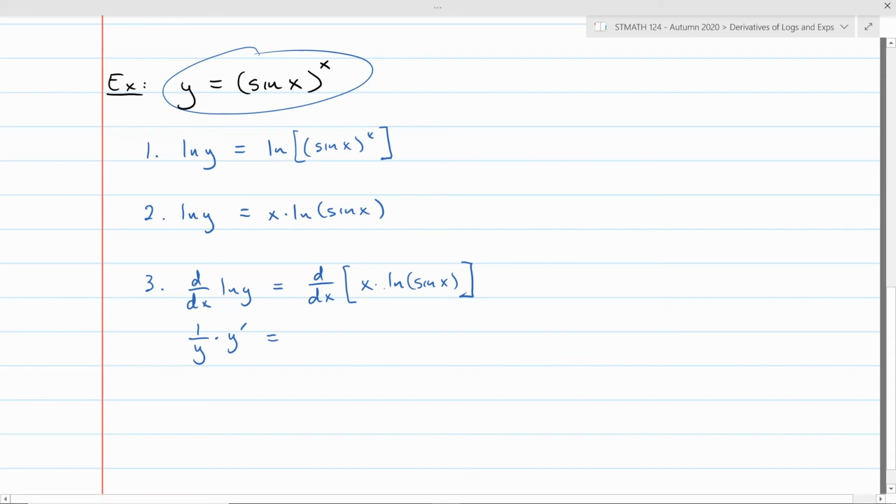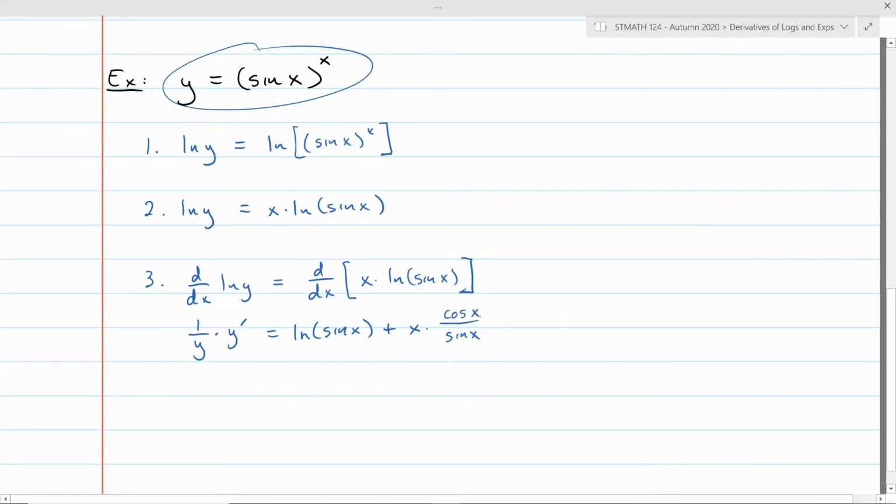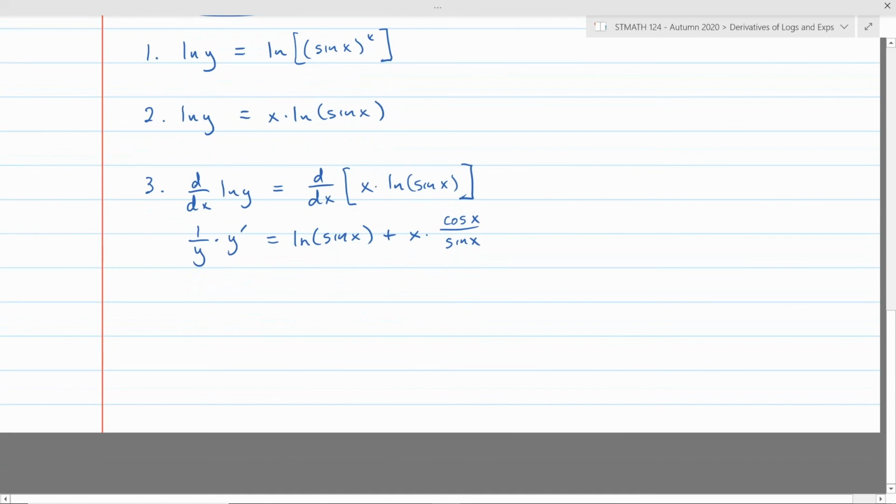I would use the product rule and write that as the derivative of x, which is 1, times natural log of sine of x, plus, then we leave the x alone, and the derivative of natural log of sine of x would be 1 over sine of x, times the derivative of the inside function, which is cosine, so I'm just going to put that in the numerator there. And then for the grand finale, I'll solve for y prime.